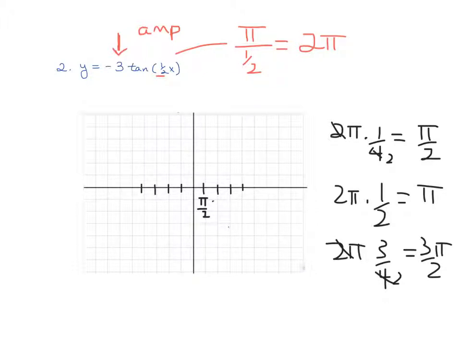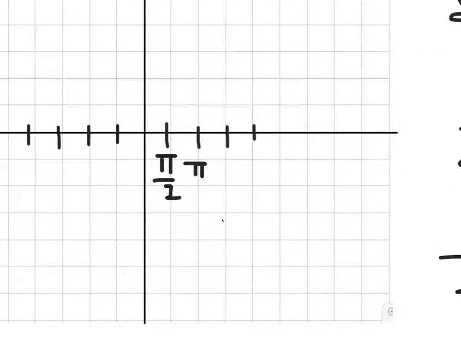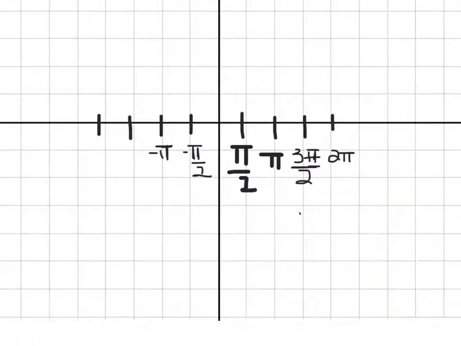Let me see if I can fix this a little neater. So pi, 3 pi over 2, and then 2 pi. And then over here, negative pi over 2, negative pi, negative 3 pi over 2, and negative 2 pi.